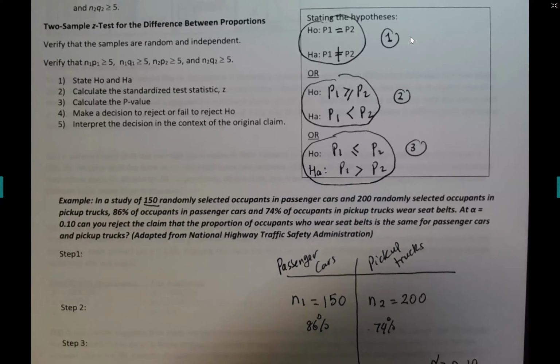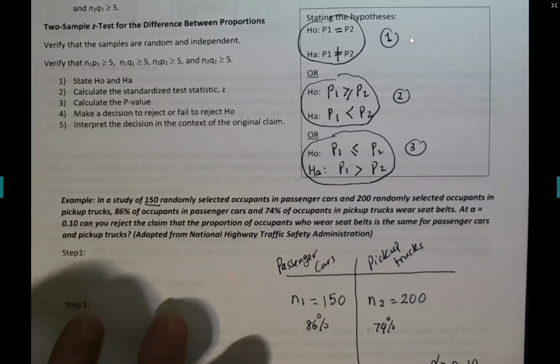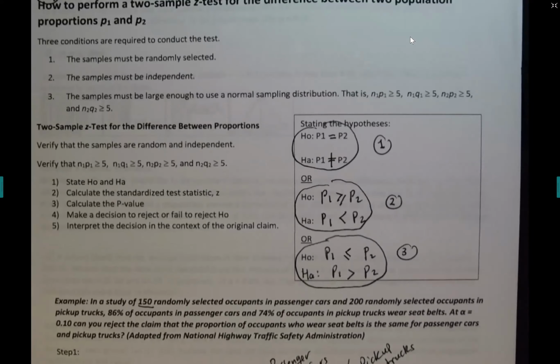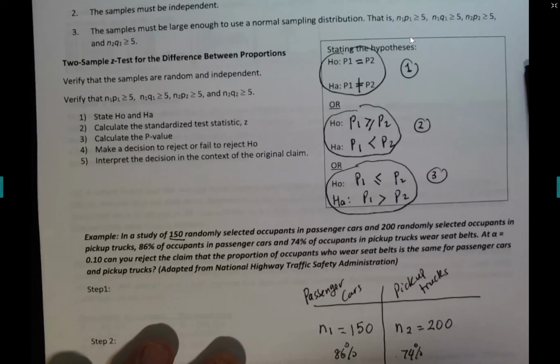At alpha equals 0.10, can you reject the claim that the proportion of occupants who wear seat belts is the same for passenger cars and pickup trucks? So which one are we going to use, guys? He says, can you reject the claim that the proportion of drivers who wear seat belts is the same for passenger cars and pickup trucks? So would it be 1, 2, or 3, guys? 1. 1, I agree.